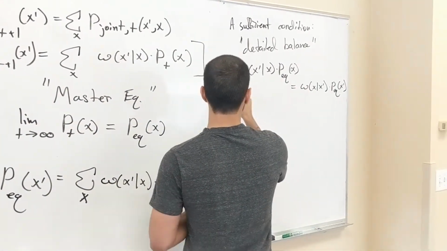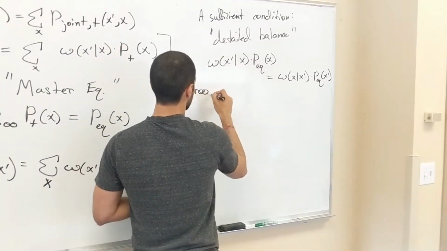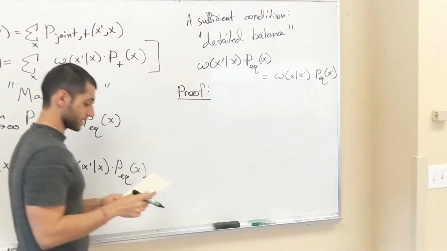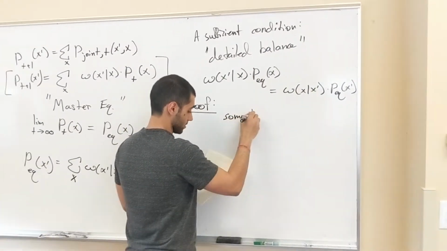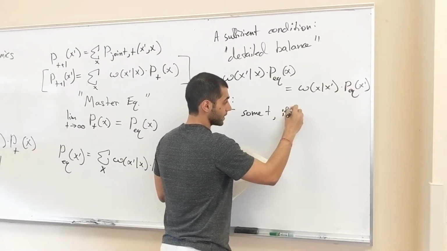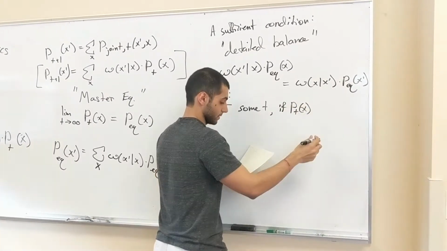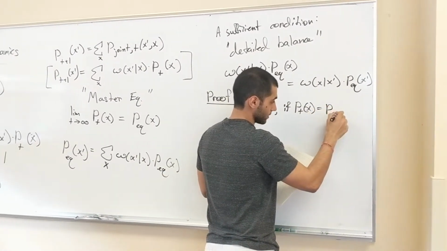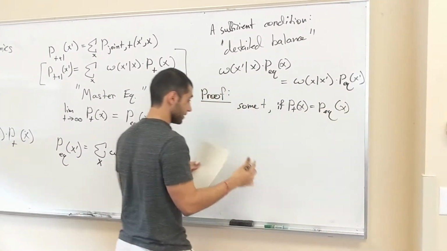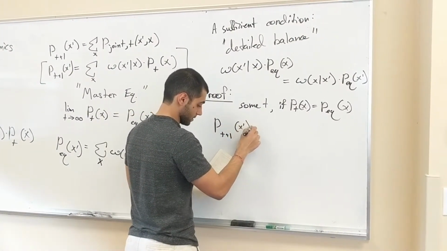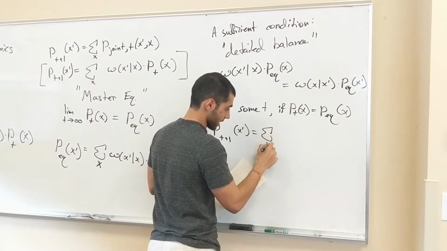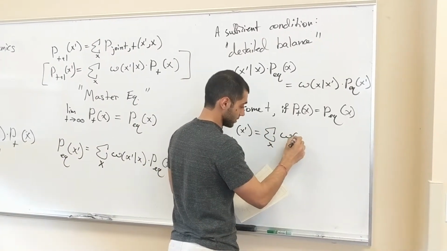So now we can prove that there is a stationary distribution. So given some t, if p of t of x equals the equilibrium distribution, then p t plus 1 of x prime equals the same. You just plug it into our master equation.